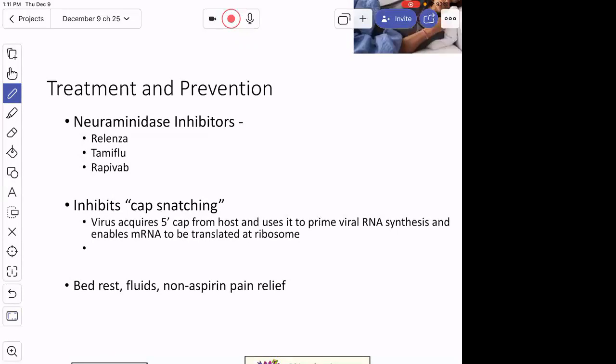The drugs: I believe there are only 4 drugs that are approved by the FDA right now to treat flu. 3 of them are neuraminidase inhibitors. So remember, neuraminidase is the spike protein that prevents the release. So we're going to say it inhibits the release of the new virions.